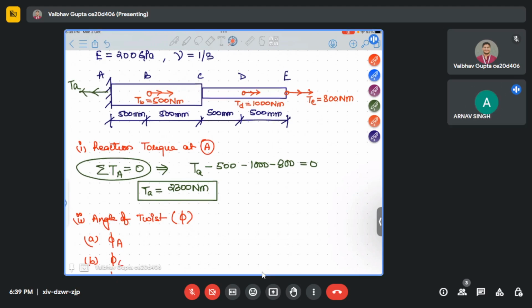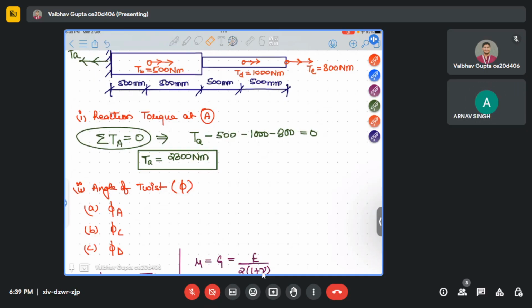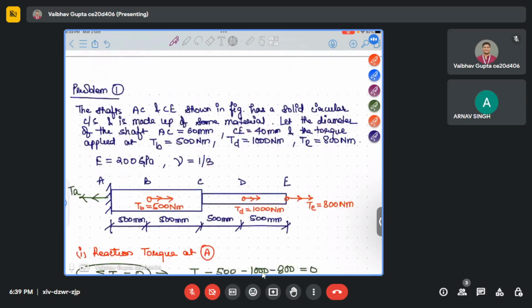So now we'll calculate for the B part. The B part will be simple. For B also, what phi will you calculate? Only phi AB. Got it?